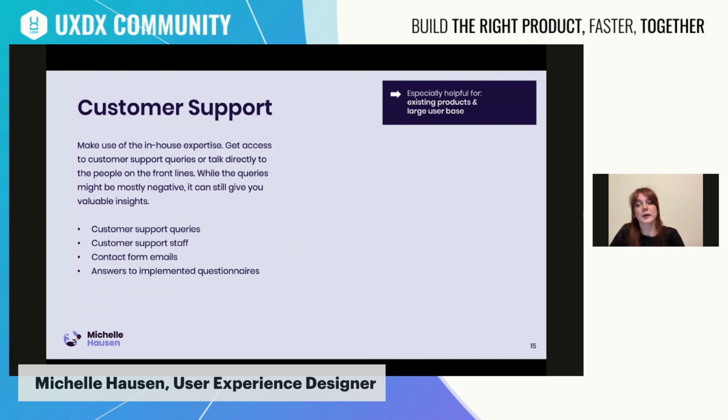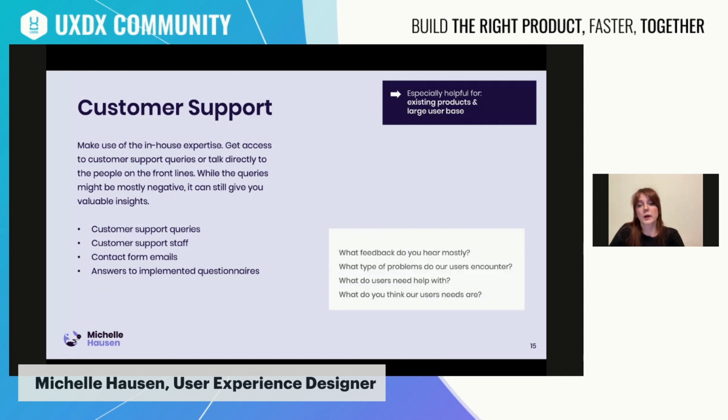They're the ones talking to your customers and users. So you could ask them what kind of feedback they hear often from their users. That could be issues they have with the website or with the product that you might point out in the product description, so that it's easier for users to understand things. Or what users usually need help with.